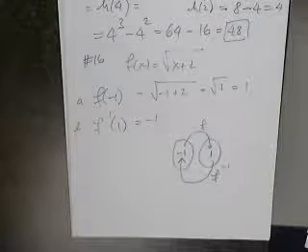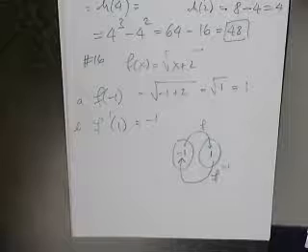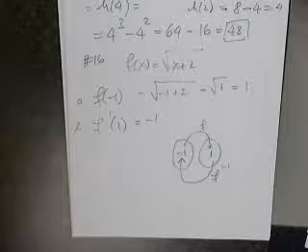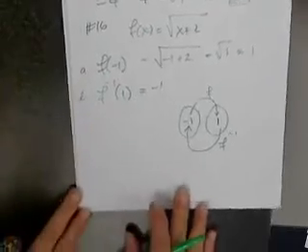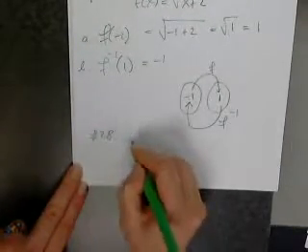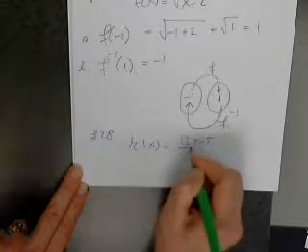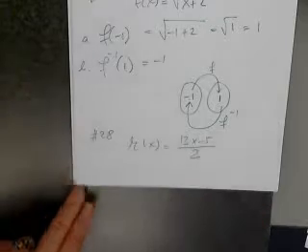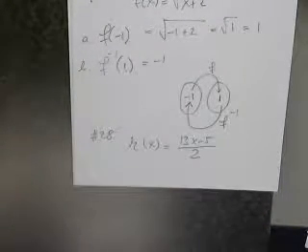Find an equation defining the inverse function of the given one-to-one function. So we are given, let's say, 28. We are given r of x equals 13x minus 5, everything over 2. We are told this function is one-to-one.